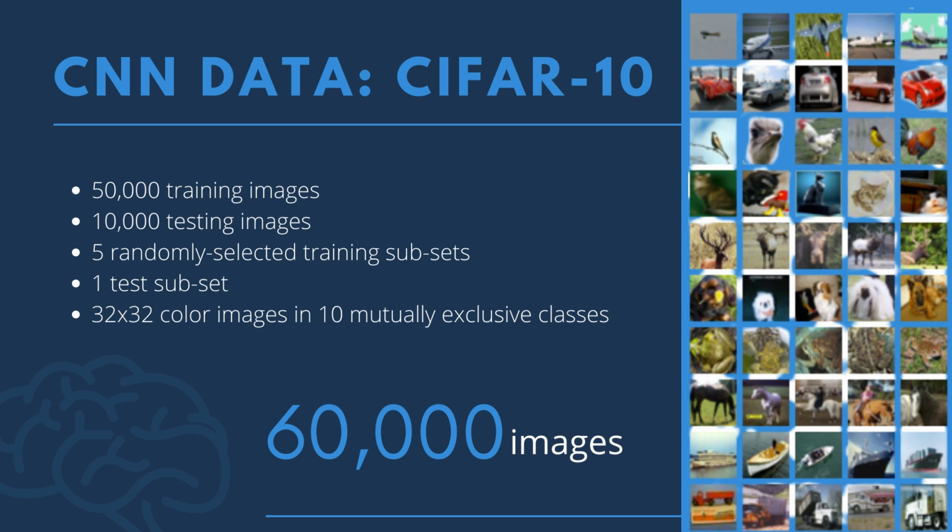Just so you're aware, the data set comes prepared with data split between training and testing images, and there are five randomly selected training subsets, so you can have a lot of flexibility to work with this data given this sort of preparation being done for you. The images are labeled already in 10 classifications.